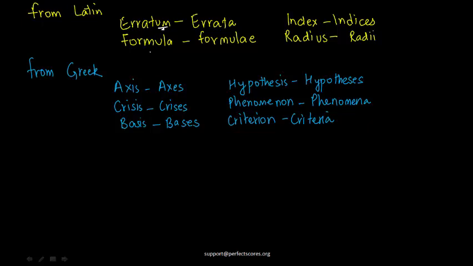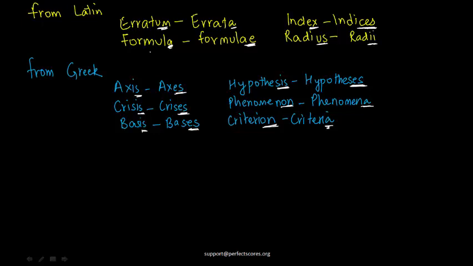So erratum becomes errata, formula becomes formulae, index becomes indices, radius becomes radii. And then a few words from Greek language. Axis, crisis, basis become axes, crises, bases. Hypothesis becomes hypotheses. Phenomenon and criterion become phenomena and criteria.